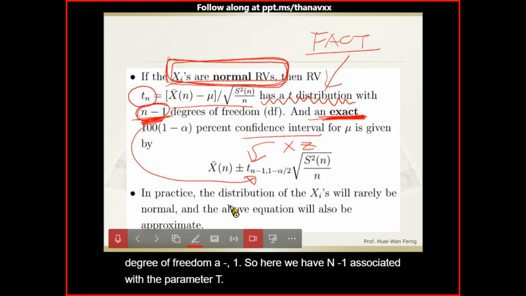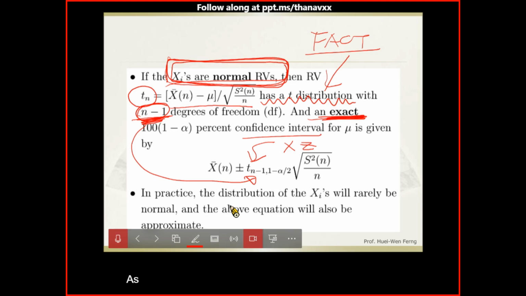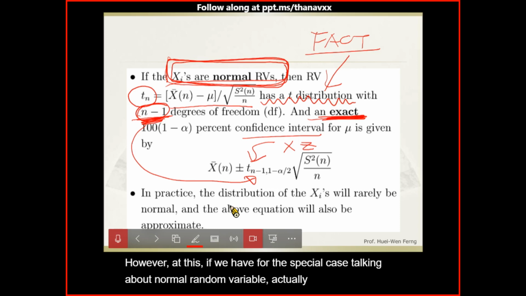However, you can check the second term. In practice, X_i will often already be normal. So of course, the previous one is still an approximation. However, at least in the special case of normal random variables, we can have the exact confidence interval. So which one will be the suitable one?